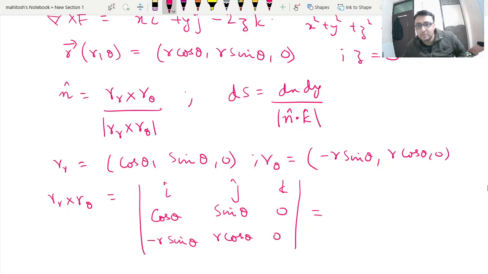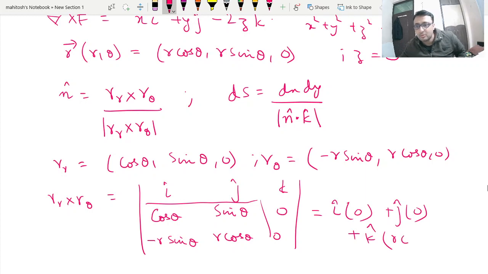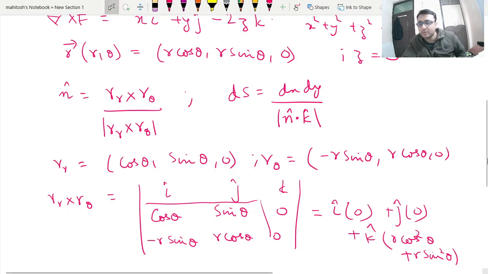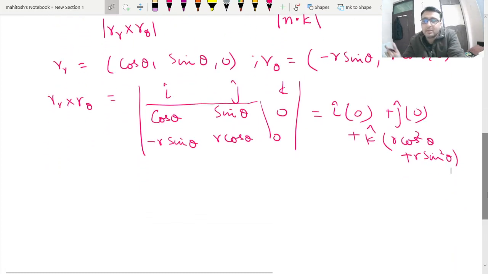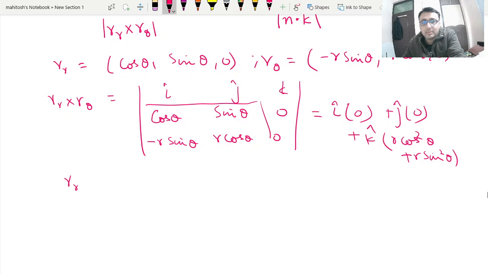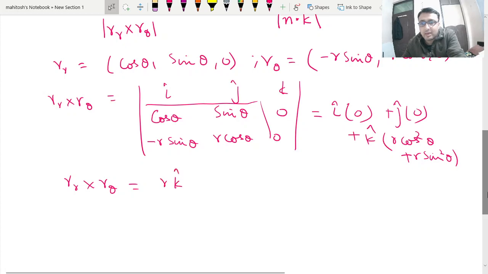So we can see the i component is 0, and so is the j component, but the k component is r cos square theta plus r sin square theta. Now r r cross r theta is r k cap.